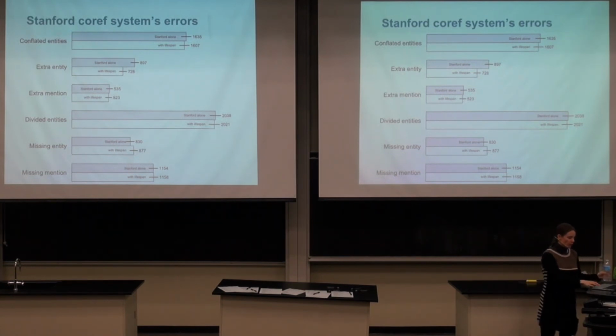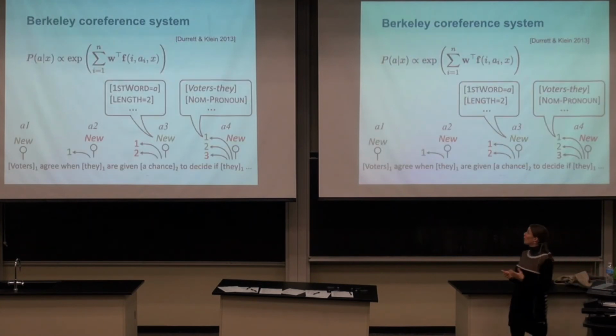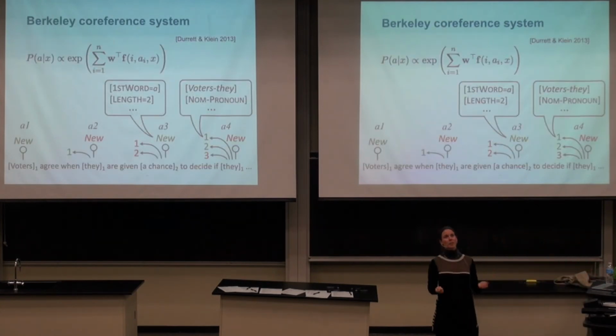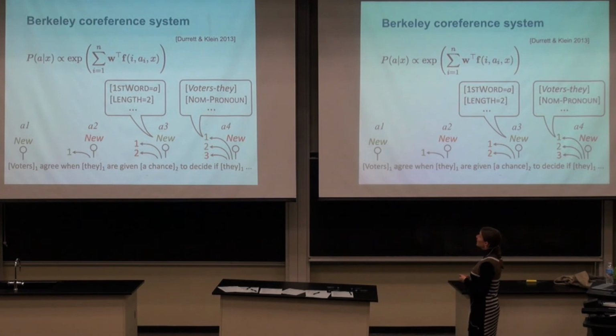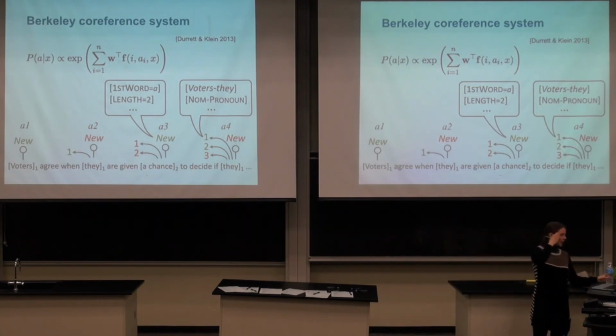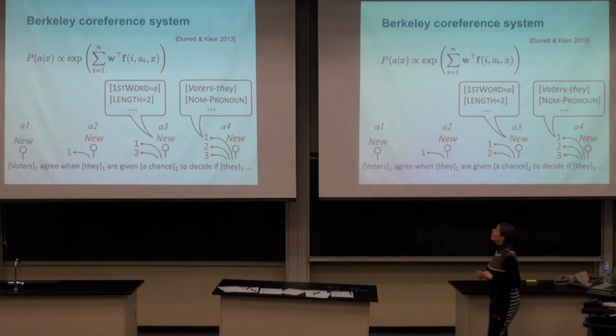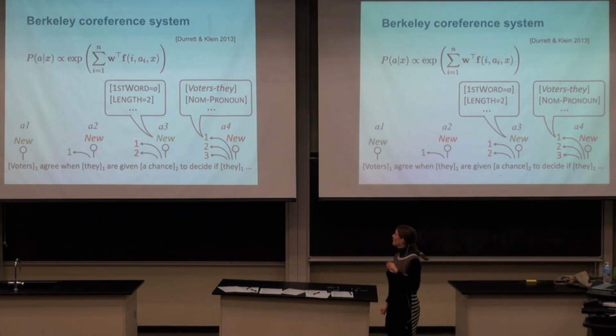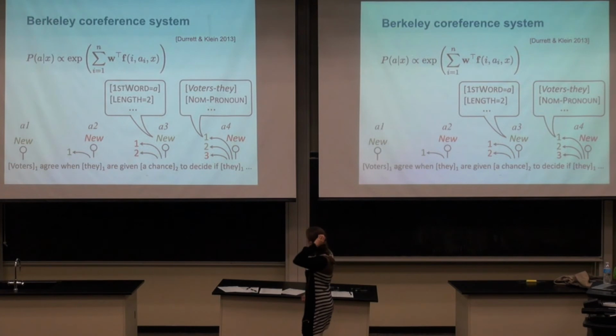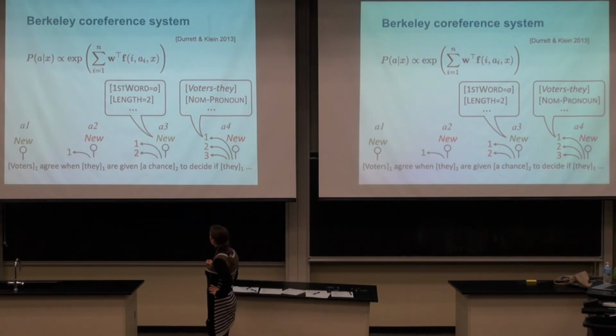The next thing we wanted to look at is to try to incorporate that with the Berkeley Coref system, which is a learning system. So we have a log linear model here. I mentioned the ranking architecture. I took this slide from Greg Durrett's presentation, just to give you a little idea of how the system is working.